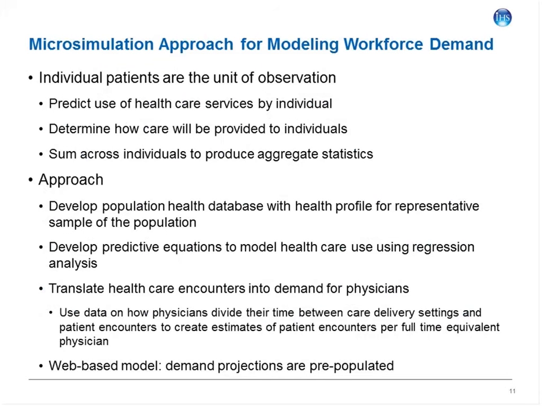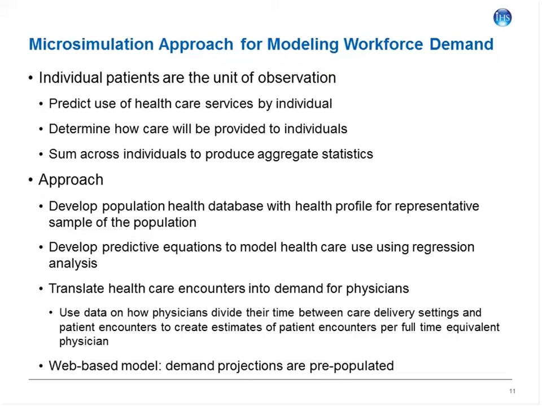Just really quickly on the demand model, like the supply model, demand is modeled using a microsimulation approach where individuals are the unit of analysis. And the approach is that we create a population file with characteristics of the population in a particular state, and then using predictive equations that are national, based on the Medical Expenditure Panel Survey, we relate the detailed characteristics of a person to his or her use of services by different care delivery settings.